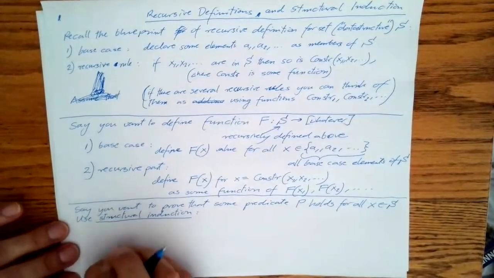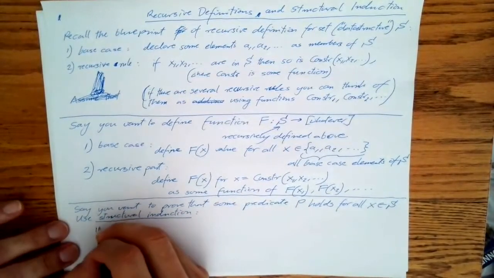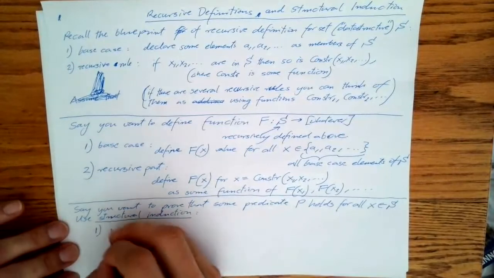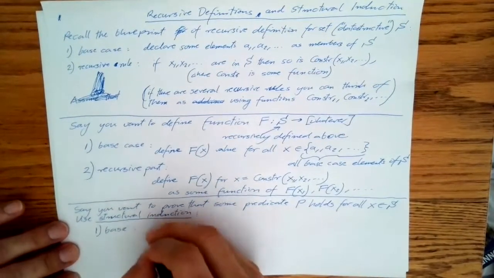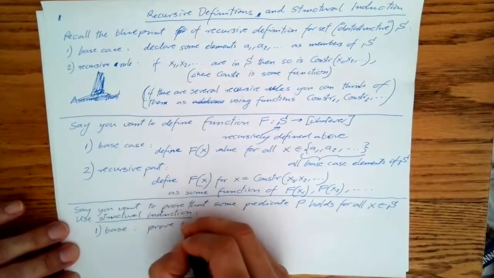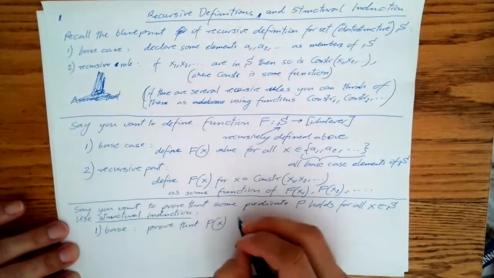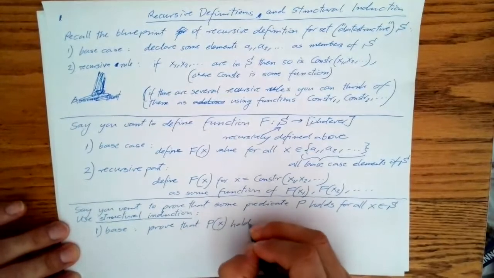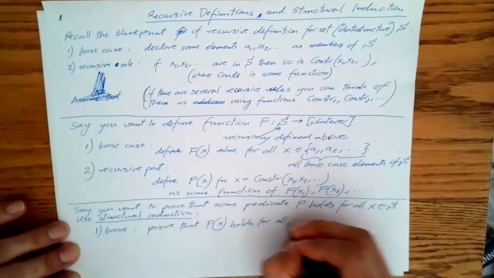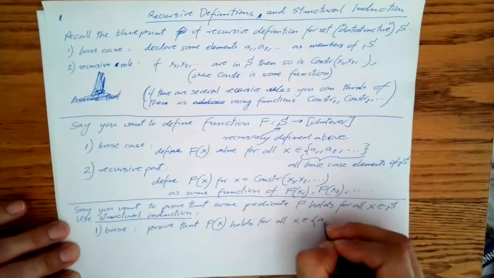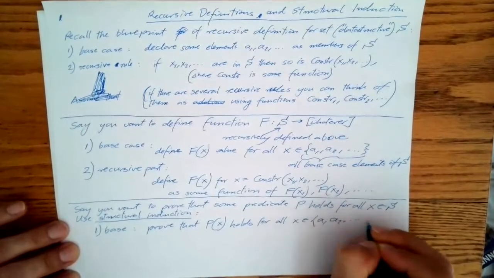Its blueprint is as follows. First, base case: prove that P of x holds for all x in the base case set.